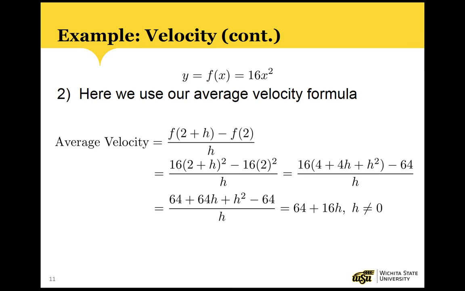Distributing the 16, we get (64 plus 64h plus 16h squared minus 64) all over h, which is equal to 64 plus 16h, after noticing that 64 minus 64 is 0, and that we can divide out a factor of h.